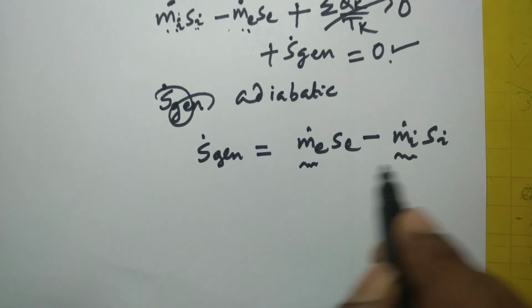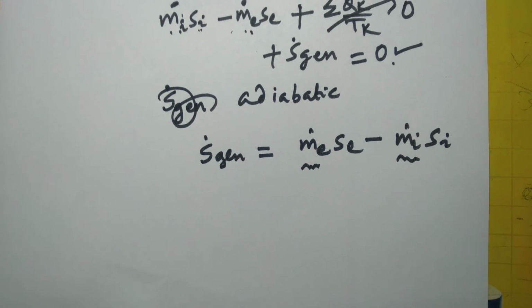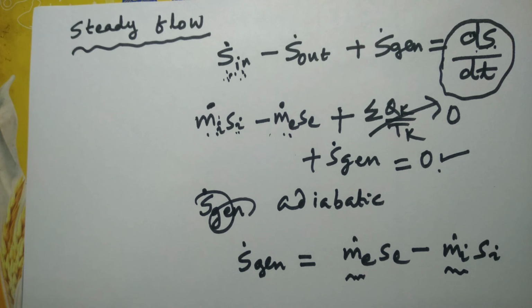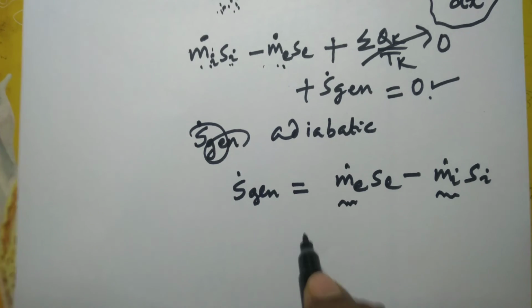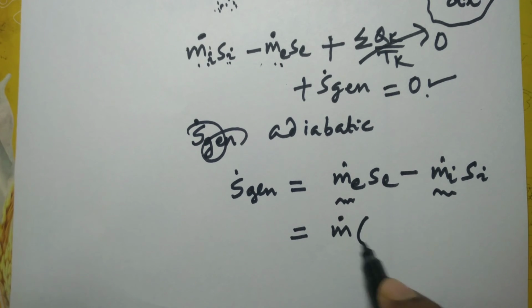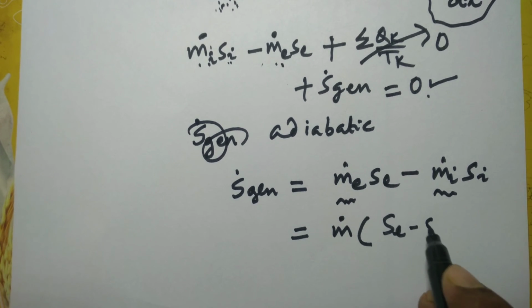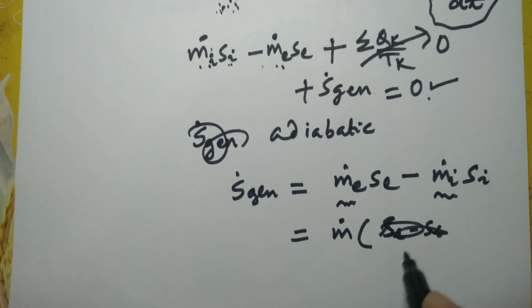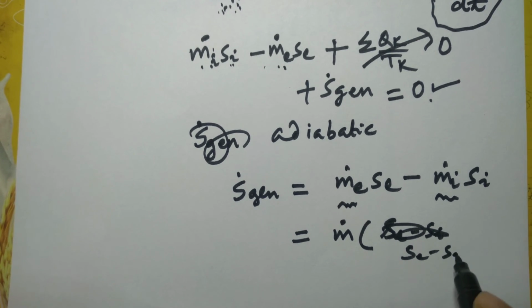According to conservation of mass, whatever mass flow rate enters the control volume is the same as the mass flow rate leaving the control volume. So mi dot is equal to me dot, say m dot, and this is Se minus Si, the specific entropy.